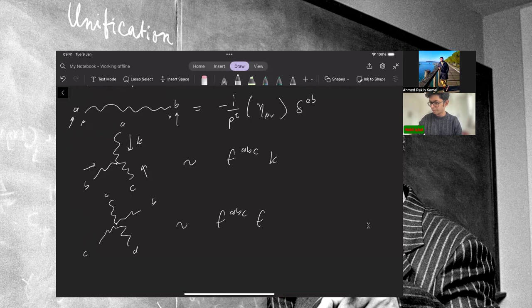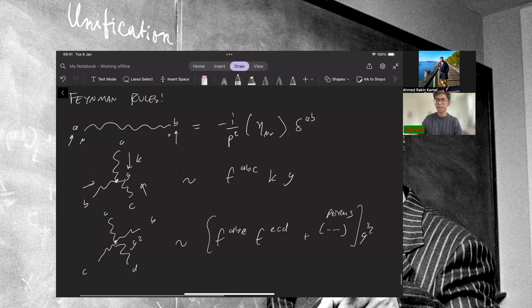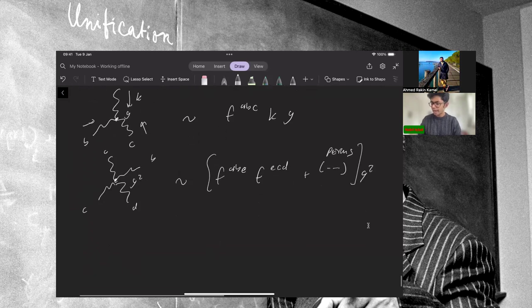There's something that looks like f^{abe} f^{ecd} plus all permutations of these things, and you can work out what these are. And there are powers of g involved here. The gauge coupling g appears here once, and it appears here twice, so there's a g squared that appears here. So you can work this out. And the remarkable thing is that in nature, this happens.